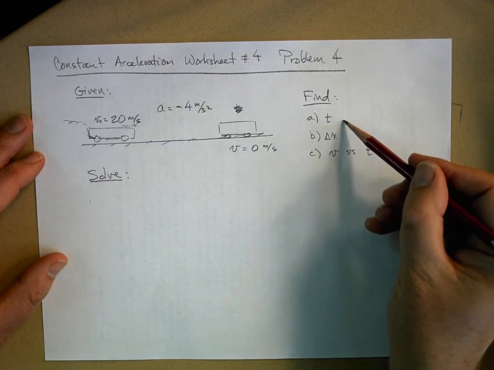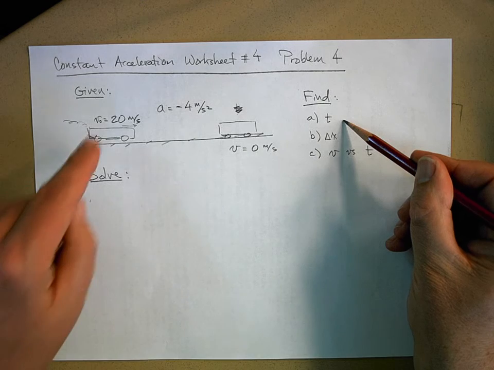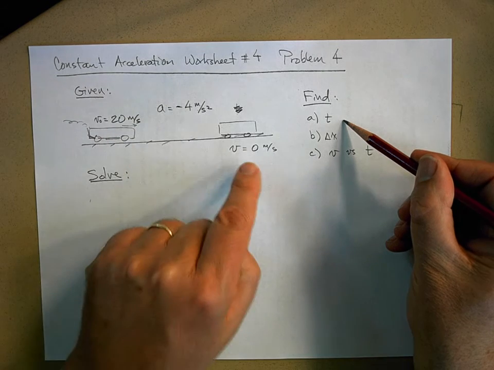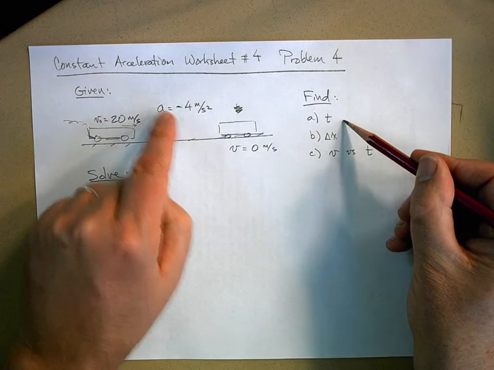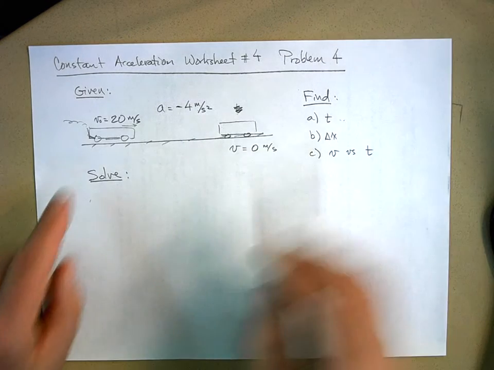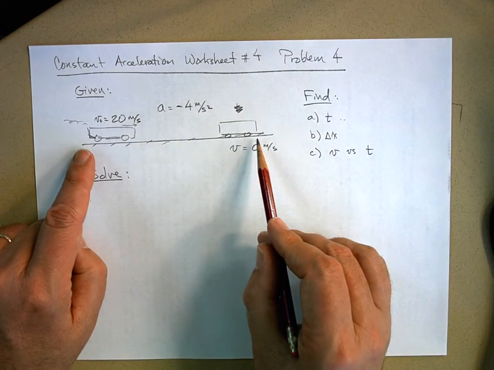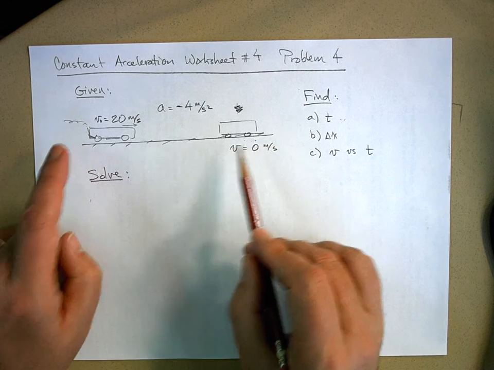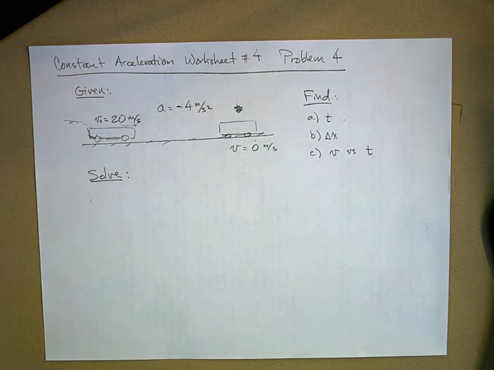Well, I want time. What am I given? Initial velocity, final velocity, acceleration, and I want time. So I'm not given delta x, and I am not asking for it yet. So I want the kinematic equation that doesn't have delta x in it.